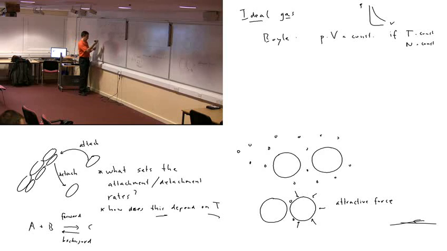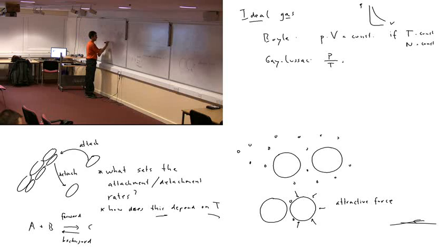Then you have the law of Gay-Lussac, which is similar, but now about the things happening at constant volume. So Gay-Lussac tells you that the pressure over the temperature is a constant, if V is constant and N is constant.